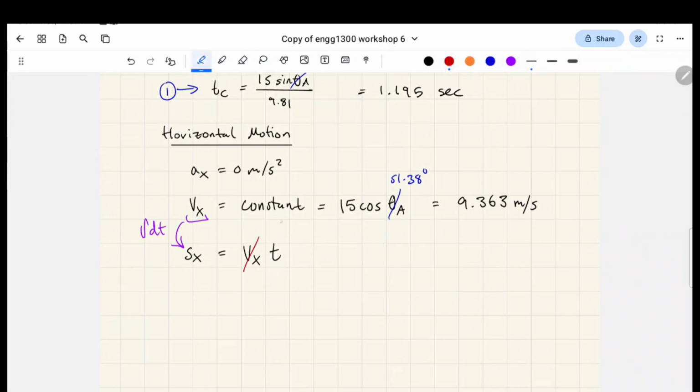And so this part was 51.38. Oh, sorry, we can just replace that. And so for t, we're going to replace that with tc, which we worked out earlier, right? The time it takes for the ball to get to C, which was 0.195, right? So that's equal to 11.19 meters.